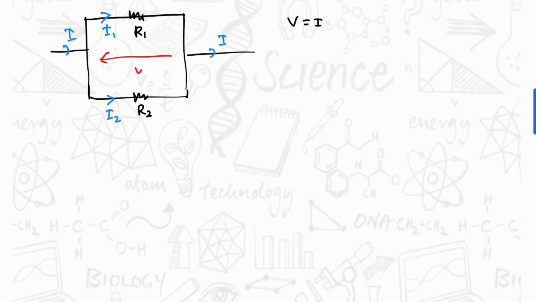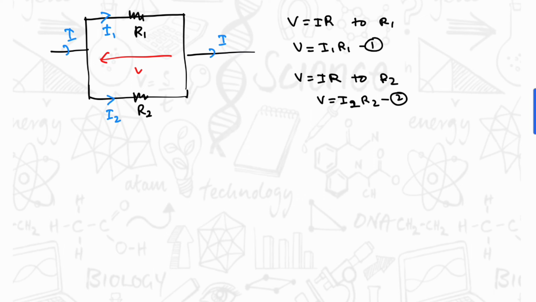Here, let's apply V equals IR to R1. Then we get V is equal to I1 R1. That is the first equation. Now if we apply V equals IR to R2, we will get V equals I2 R2. Since V is the same for each resistor, we can just equate 1 to 2.